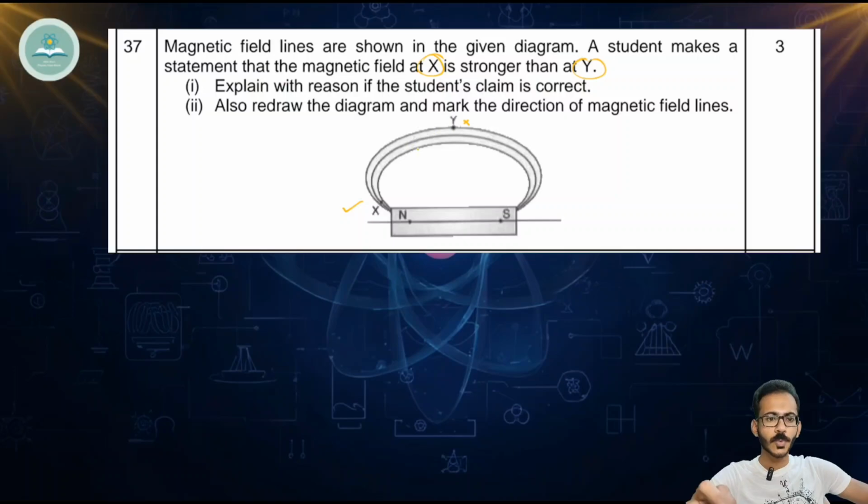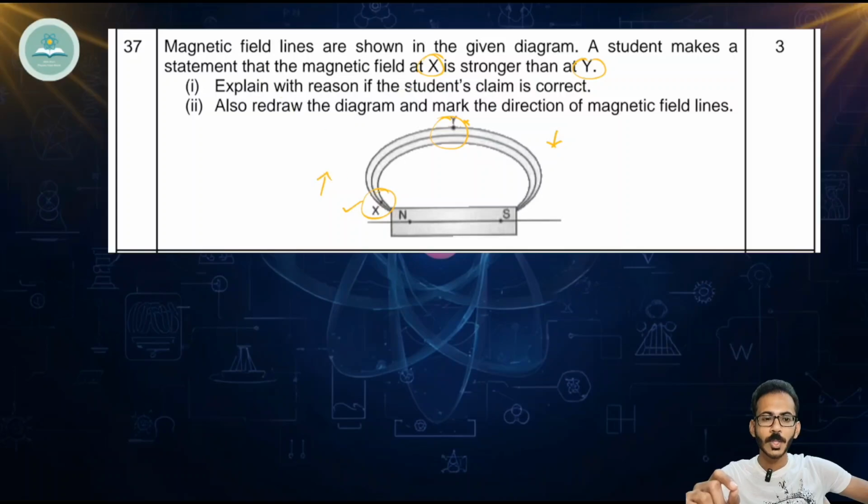First of all, let's see whether the student saying is correct or wrong. We know the strength of magnetic field is determined by the degree of closeness of magnetic field lines. If we observe this area, here the field lines are much closer. But here the field lines are very much far away. So here, since they are far away, magnetic field strength will be less. And here, since they are very much closer, magnetic field strength will be high.